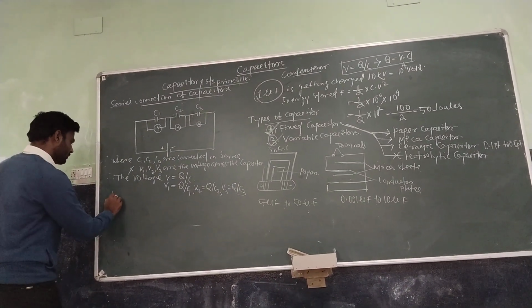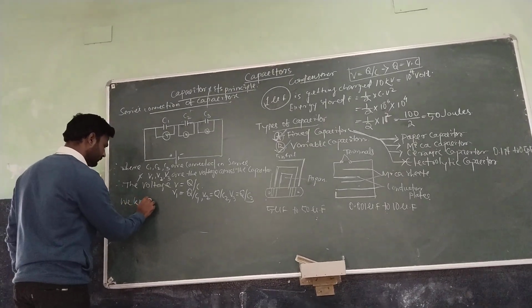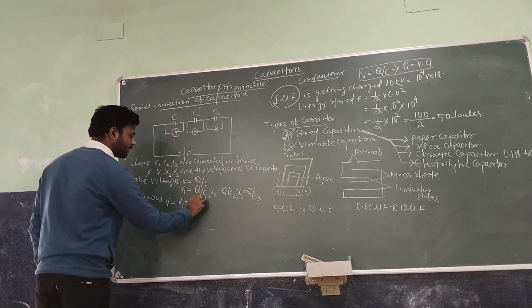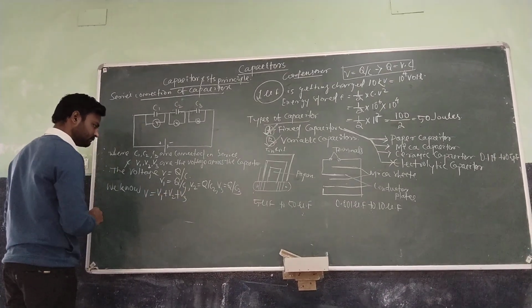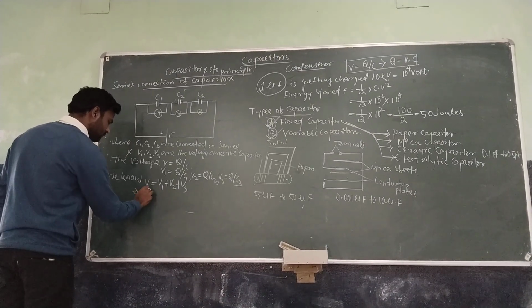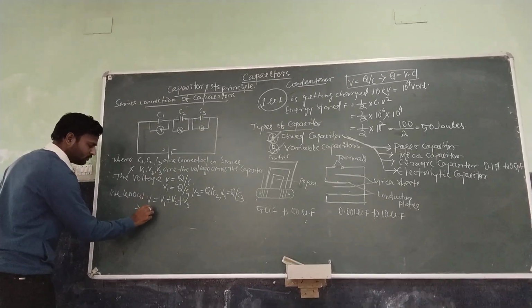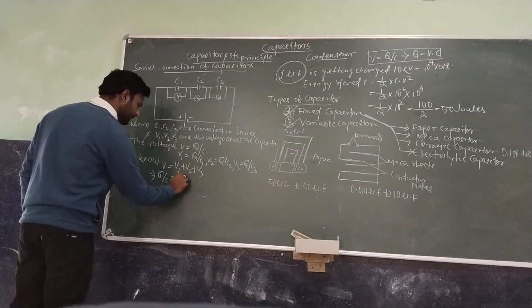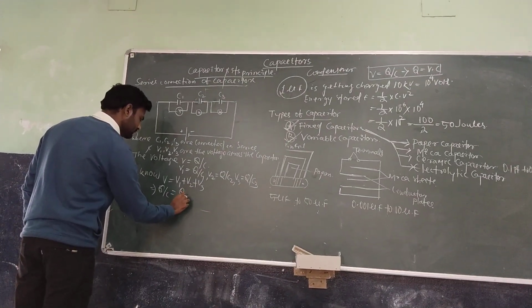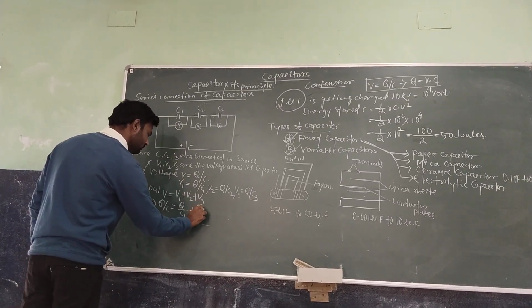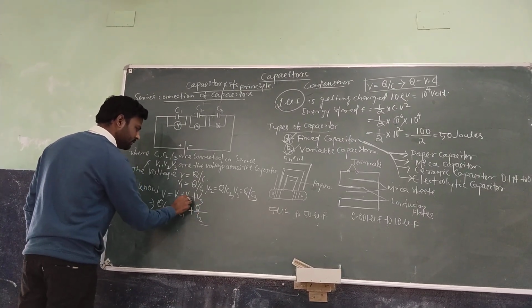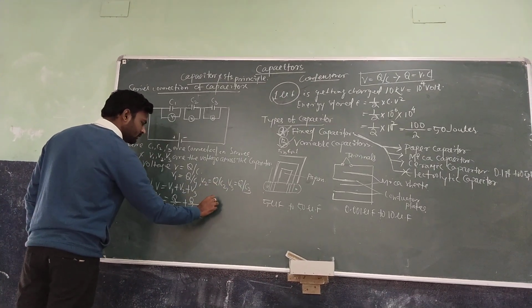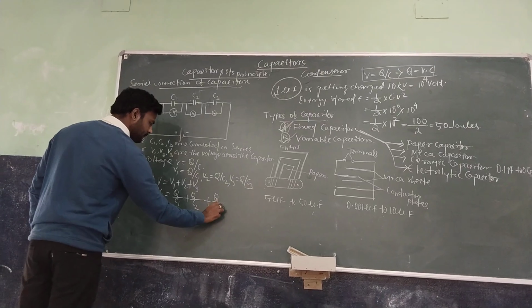So we know the total voltage V is equal to V1 plus V2 plus V3. V is equal to Q by C, which is Q by C1 plus Q by C2 plus Q by C3.